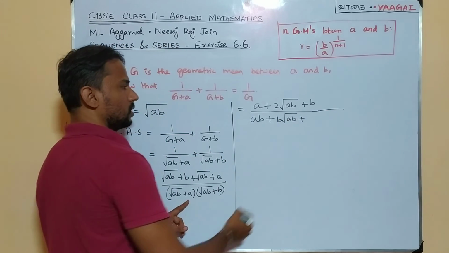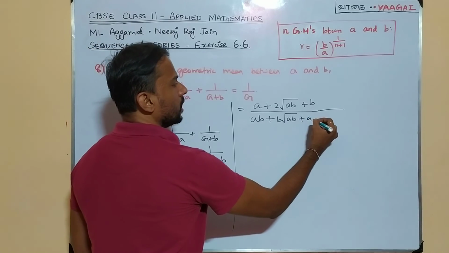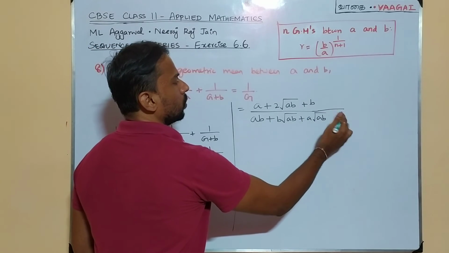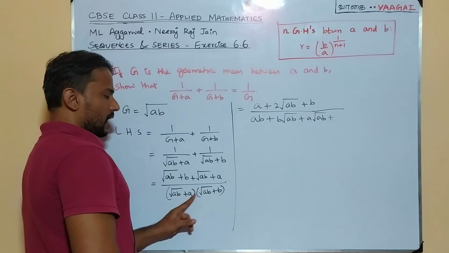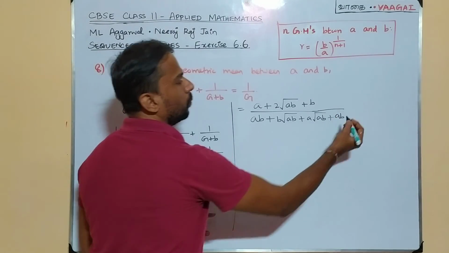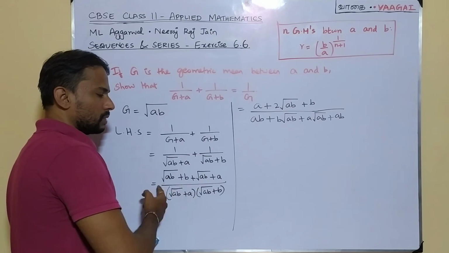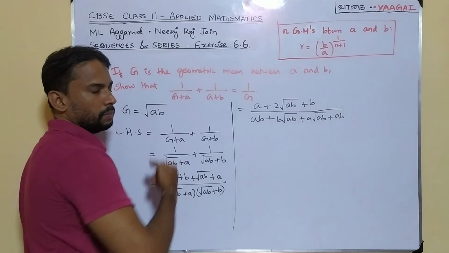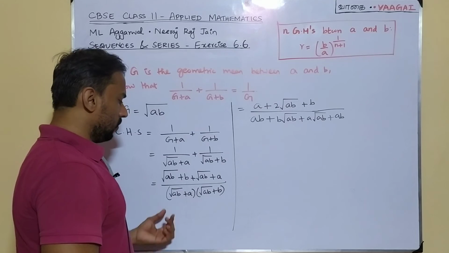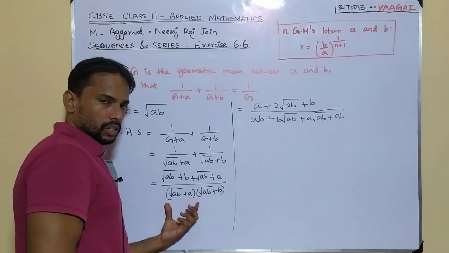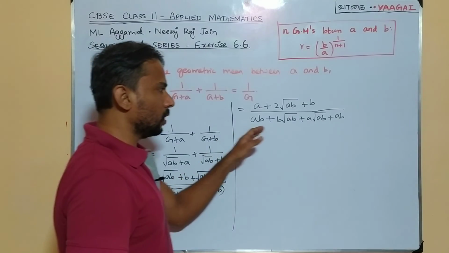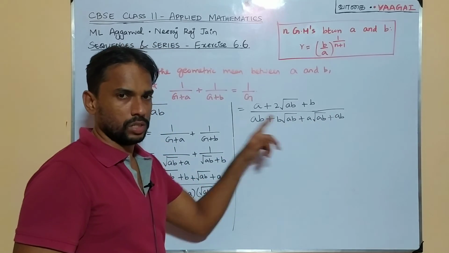Then plus A into root AB, so A root AB, plus, once again you have to multiply A into B, that will be another AB. I hope you can clearly understand. So in the numerator I am just simplifying the terms and writing them in an order. In the denominator we are multiplying these two factors, so that we end up with the product of 4 terms.